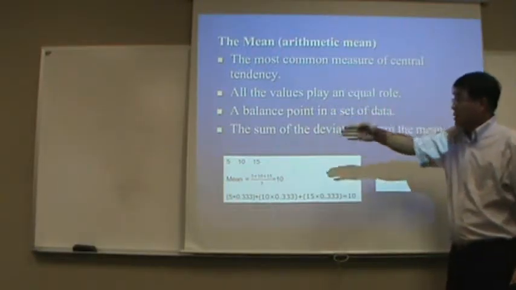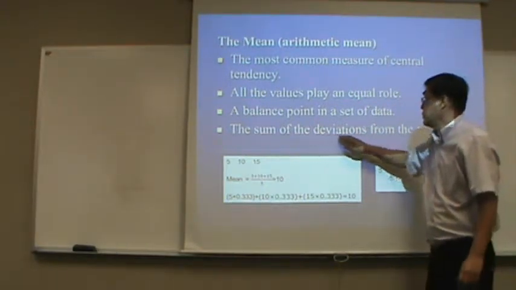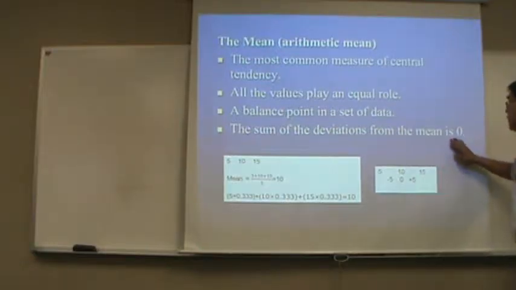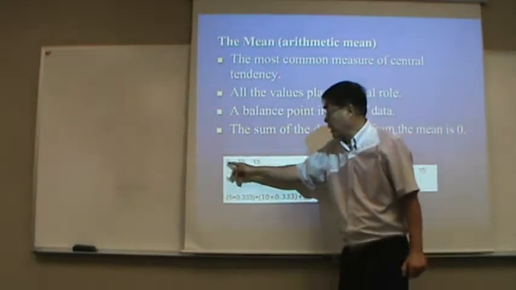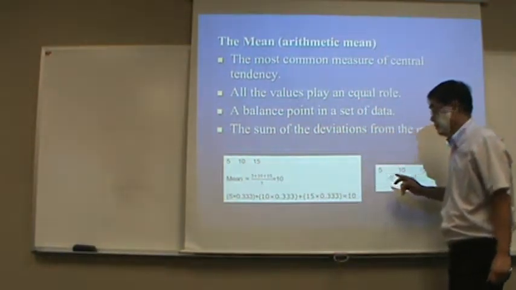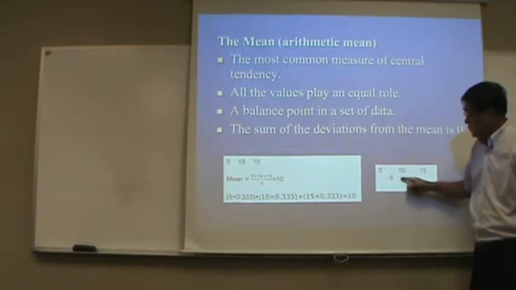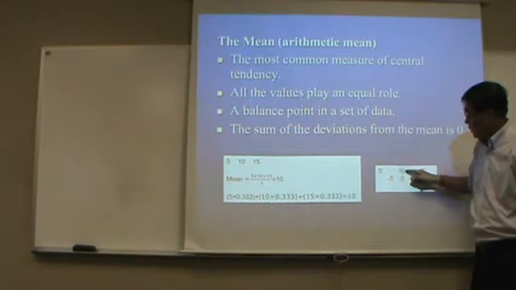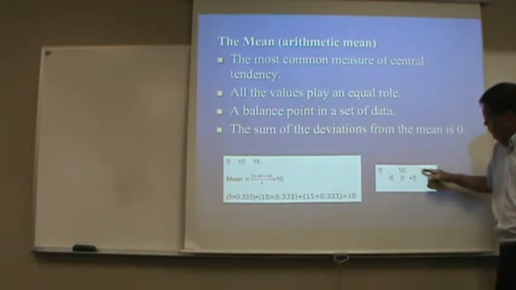Central tendency is a balance point, and the sum of the deviations from the mean is 0. If we have 5, 10, 15, the mean is 10. The deviation of 5 from the mean is 5 minus 10, which is minus 5. The deviation of 15 from the mean is 15 minus 10, which is 5.